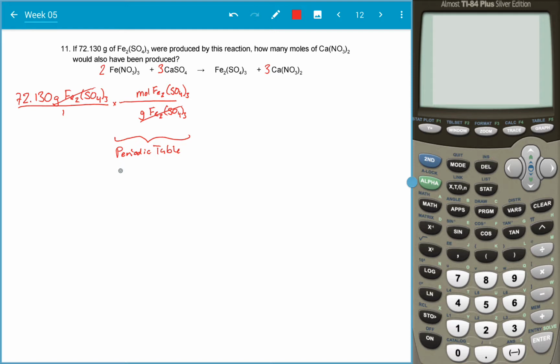Now, for that, I need to take my 2 irons. I have 3 sulfurs, and I have 12 oxygens in the iron 3 sulfate.